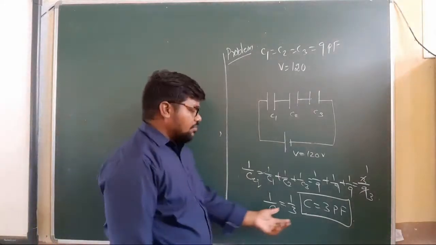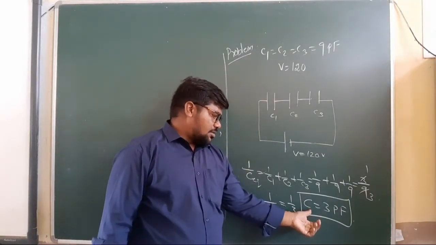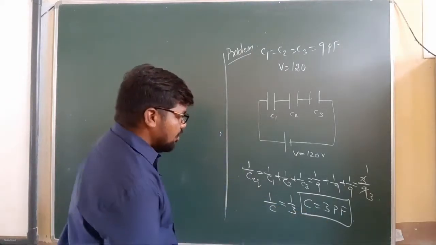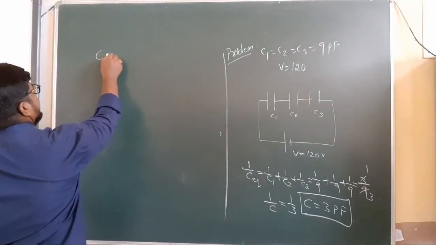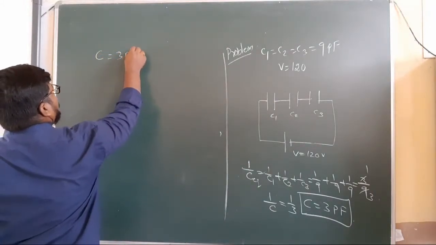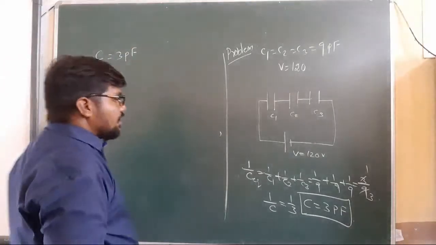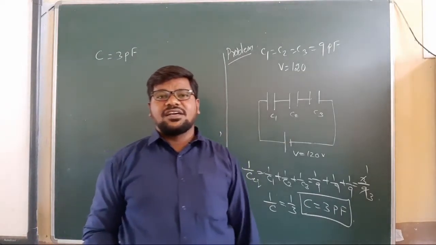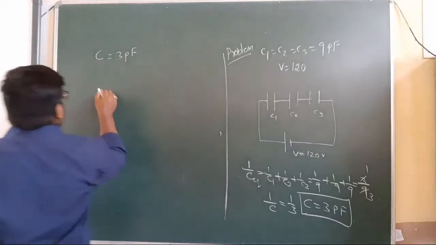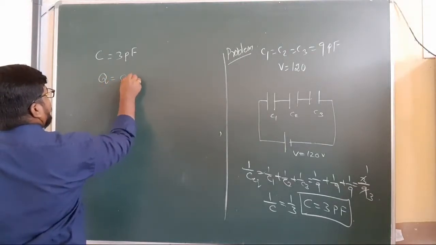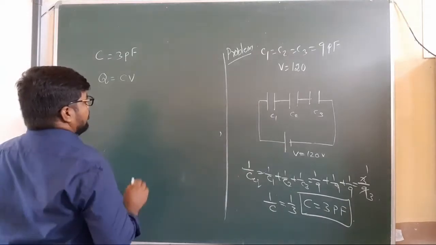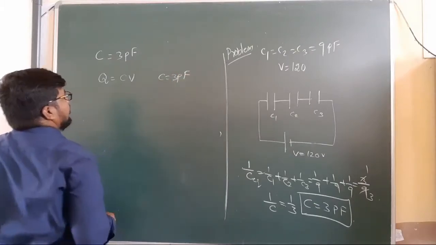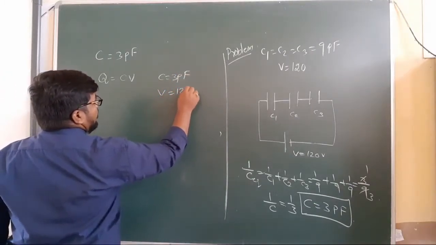So the equivalent capacitance C equivalent is equal to 3 picofarad. Clear? In this case, how can we find the net charge? We know that Q is equal to CV. Here C is equal to 3 picofarad and V is equal to 120 volts.